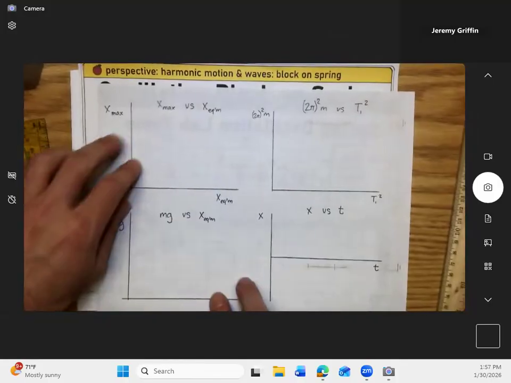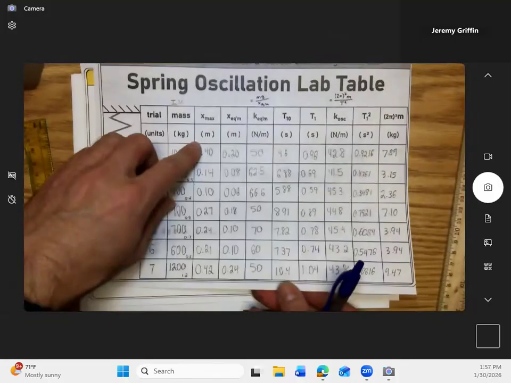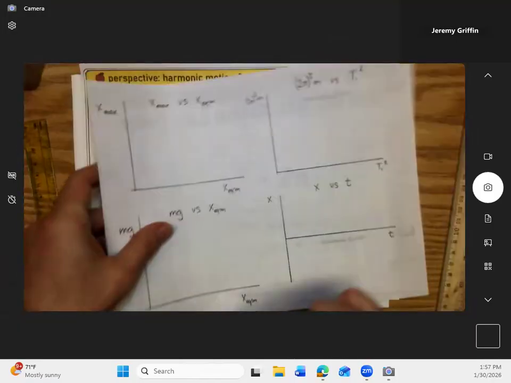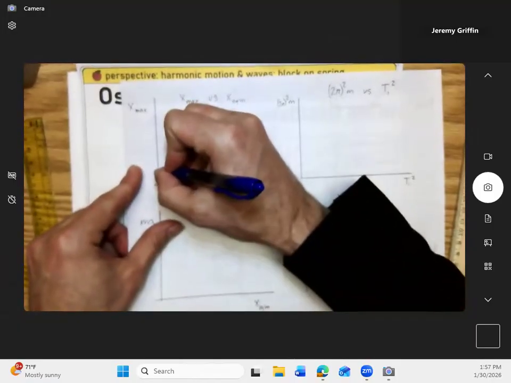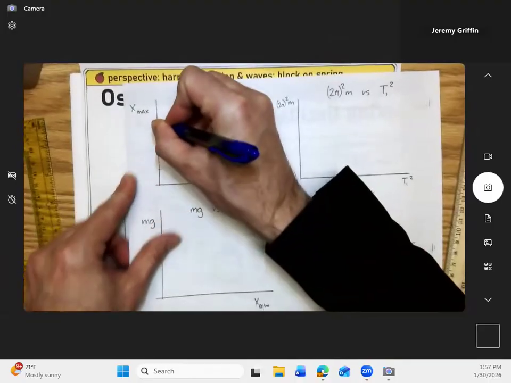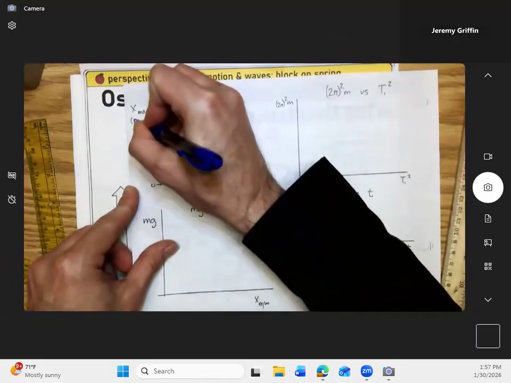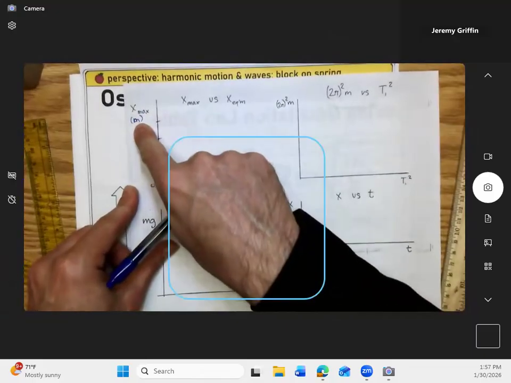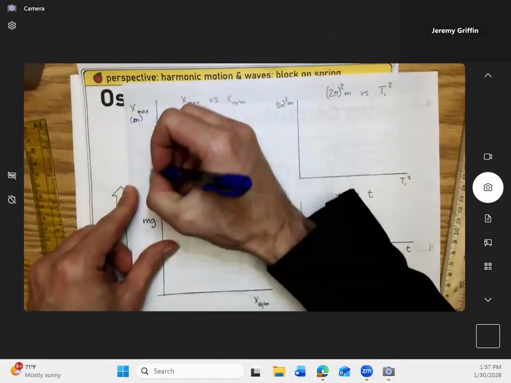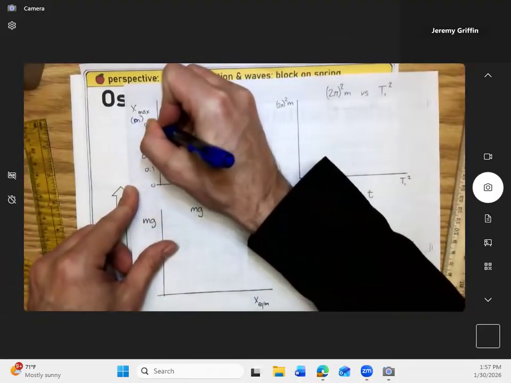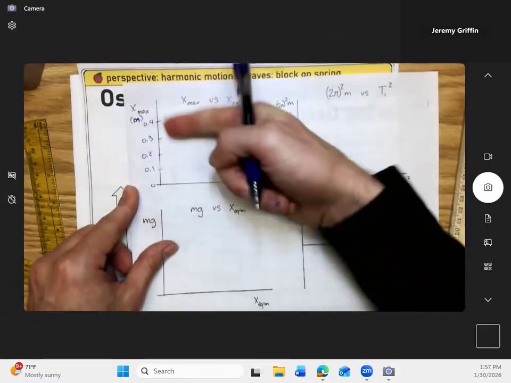So how about these graphs on the back? What is X max versus X equilibrium? X max, this paper goes up to 0.42, so let's scale this. 0.1, 0.2, 0.3, 0.4. Let's put meters. You've got to label the units so that whoever's reading your graph knows what's going on. Those are meters, of course, so 40 centimeters.